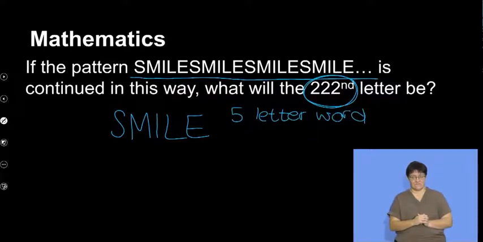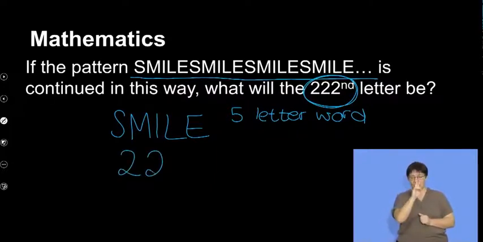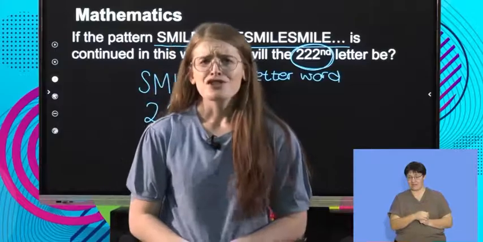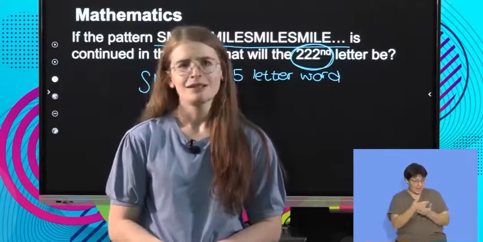So this means I'm going to be using my multiples of 5 to help me find out what the 222nd letter would be. So if I look at the number 222, is 222 a multiple of 5? Not quite.